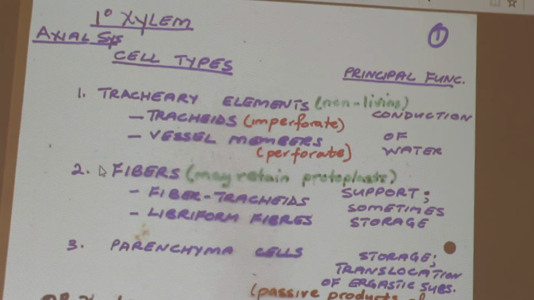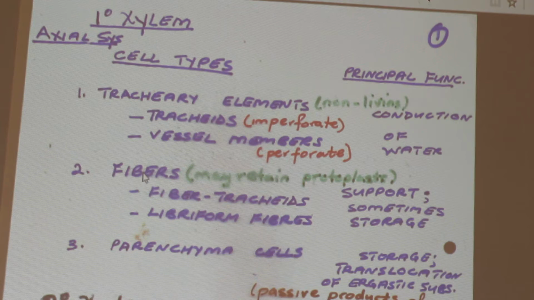Fibers may be dead or they may retain protoplasts. Fibers are here to support the xylem, to make it stronger. They are also here to store food. Very often they will store food if we don't have enough parenchyma cells.